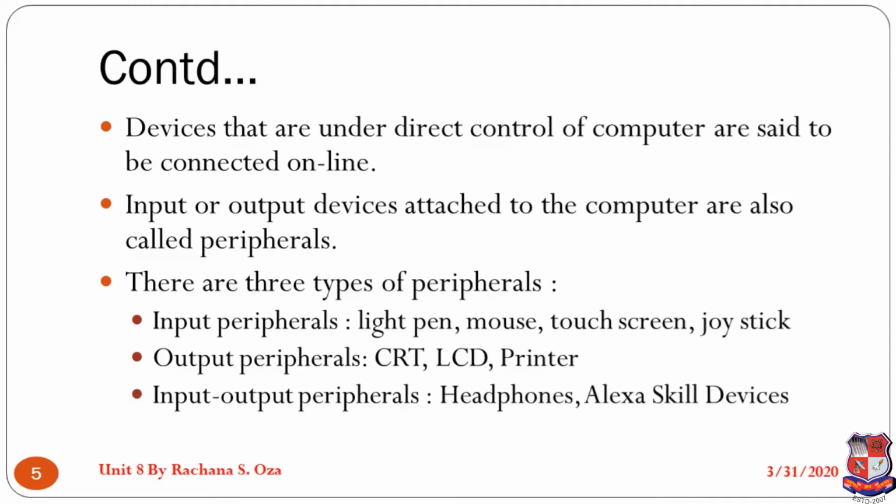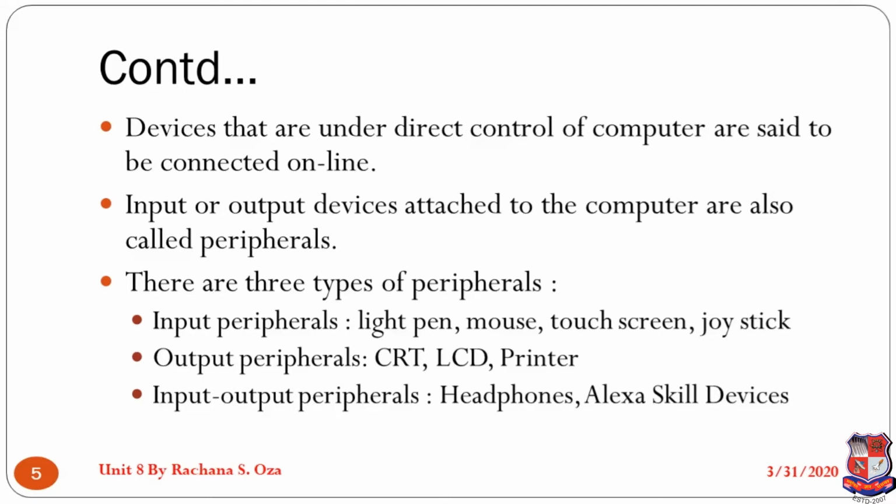Now the input-output devices can be categorized into three various types. Very first is input peripheral. That can be the light pen, mouse, a touch screen or a joystick. These are the input devices from where you can input something to the CPU.